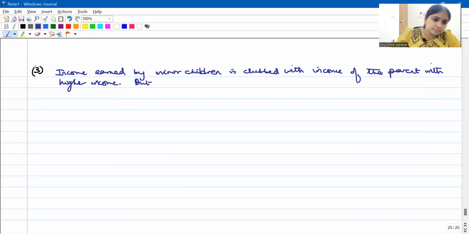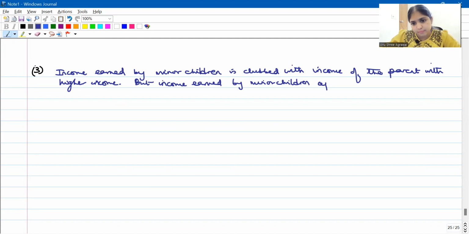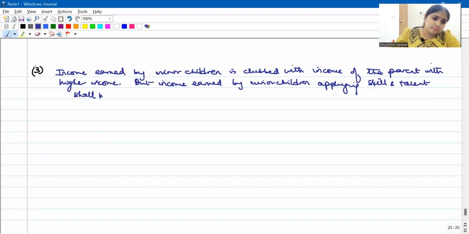But income earned by minor children applying skill and talent shall not be clubbed.